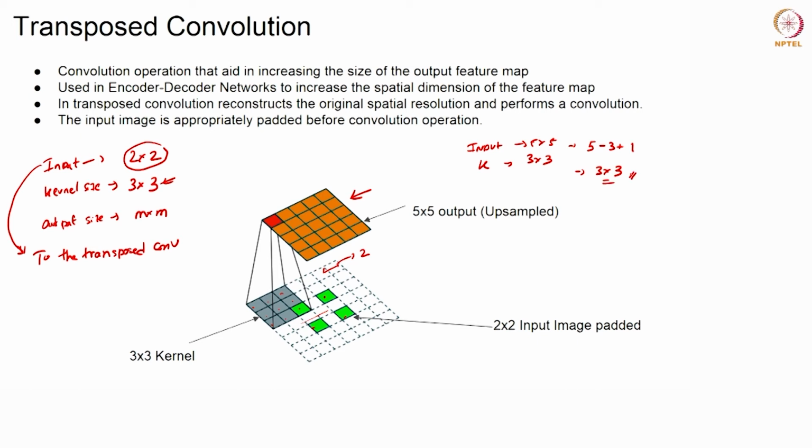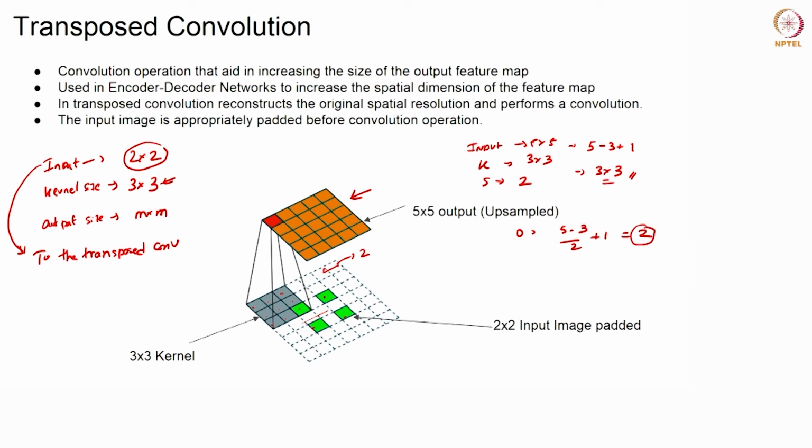If you want to get a 2 cross 2 output, what do we have to do? Let us say we add a stride of 2, in which case your output size would be 2 cross 2. So, if we have a stride of 2, no zero padding, and an input feature map of size 5 cross 5, and your filter kernel is of size 3 cross 3, then with the stride of 2 your output feature map would be of size 2 cross 2.